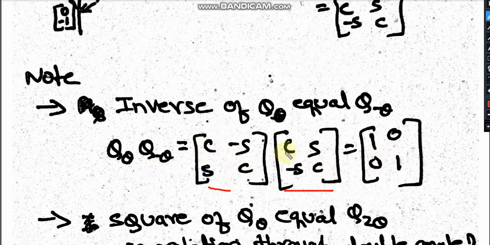That is c squared plus s squared, and you know cos squared theta plus sin squared theta is equal to 1, right? So you will be getting this 1, and the other value you will be getting as 0, because cs minus cs becomes 0. So it has to be noted that you can find the inverse rotations using this identity matrix.